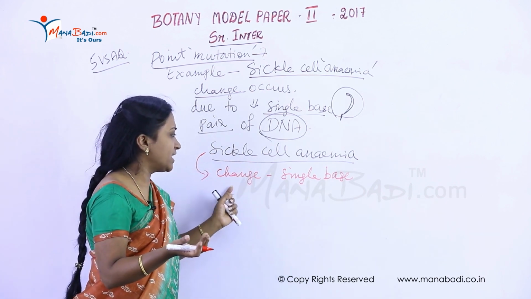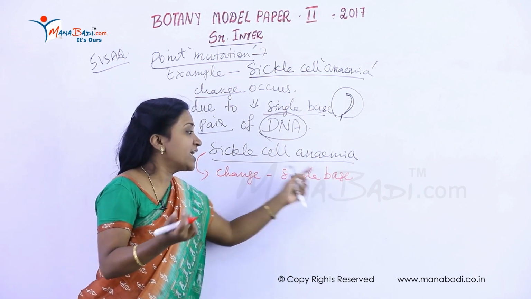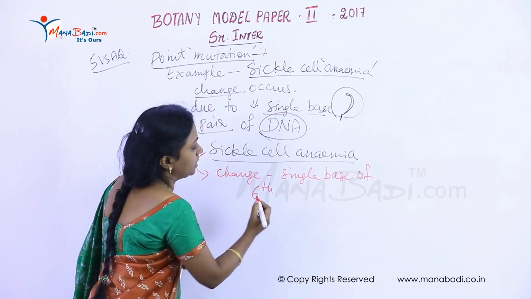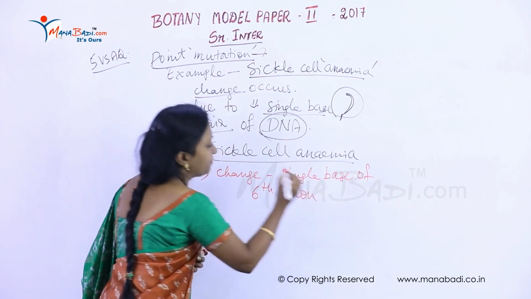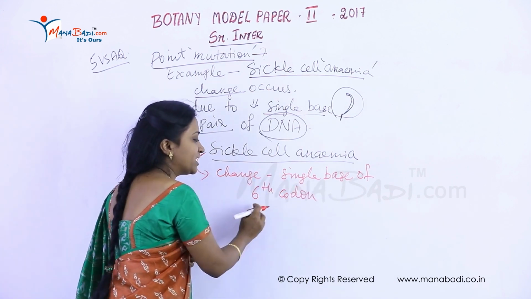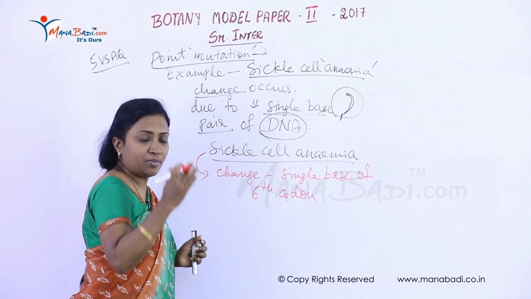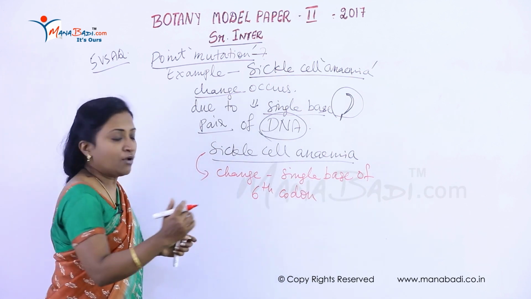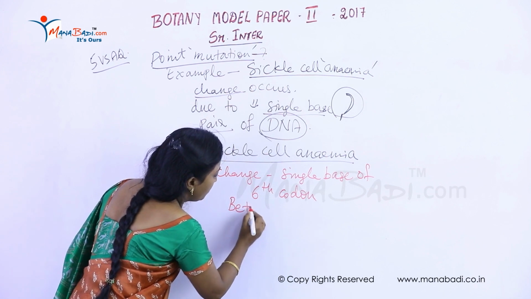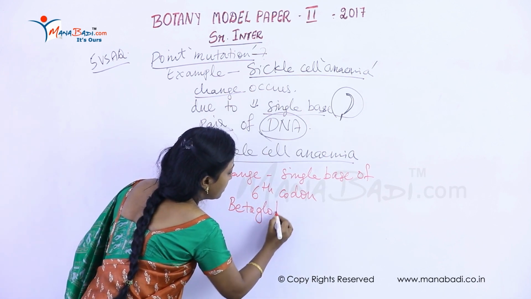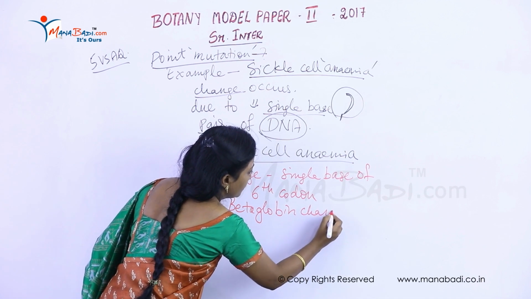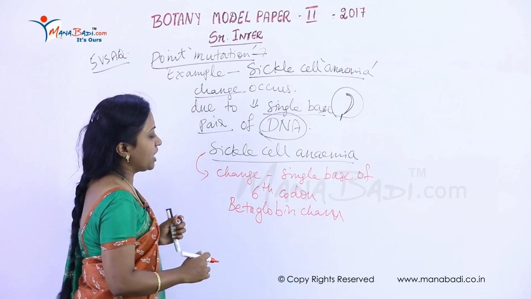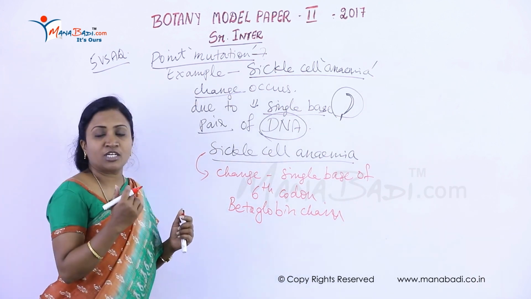In sickle cell anemia, there is a change in the single base pair of the 6th codon, which codes for the beta globin chain.